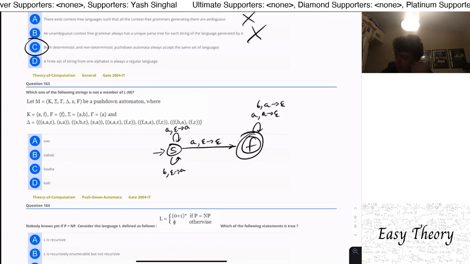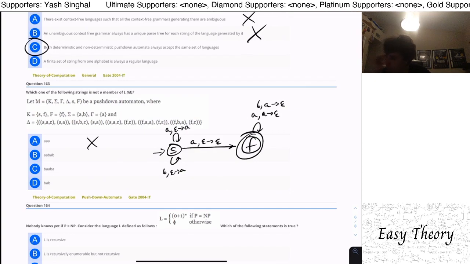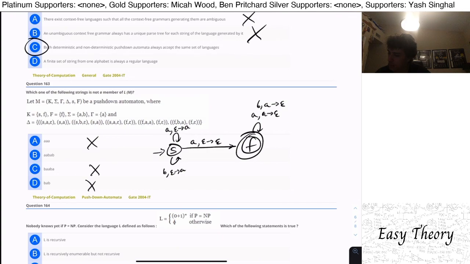So which string is not in there? Well, the triple A's will get us there. Will BAB get us there? Yeah, so that'll get us there. B, A, B, BA, yeah, that'll get us there. So why does this one not go?